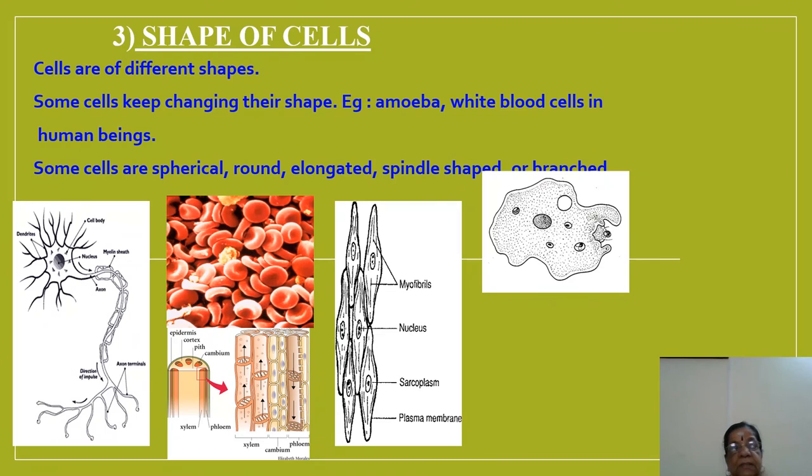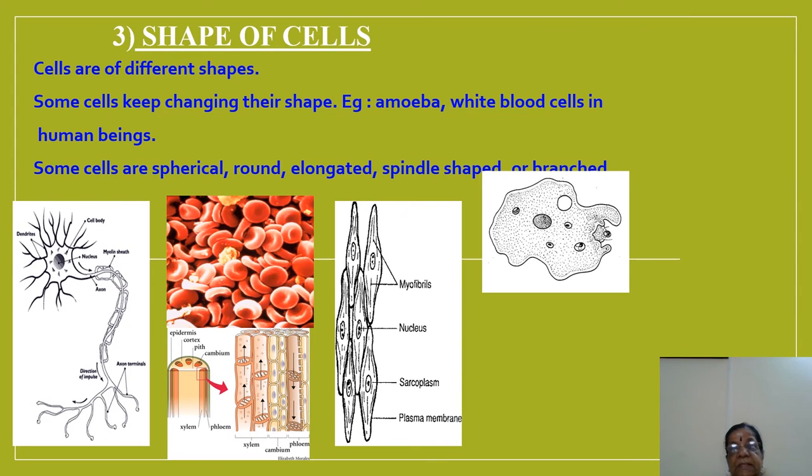What do you understand? This is a nerve cell. First one, it is a nerve cell. It is having a different size. And what is the function? Nerve cells transmit nerve impulses. Whereas now what you are seeing, the red one, it is the RBC.